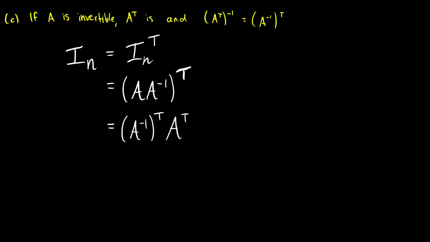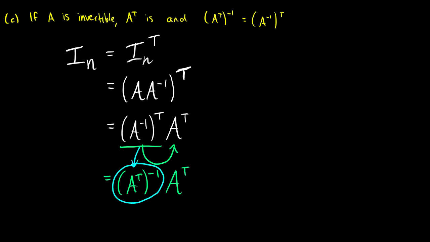Okay, now here's the interesting thing here. This is the inverse of A transpose. So what this really means is that if we have A transpose, we're looking for A transpose inverse. So that means that these two values are the same.